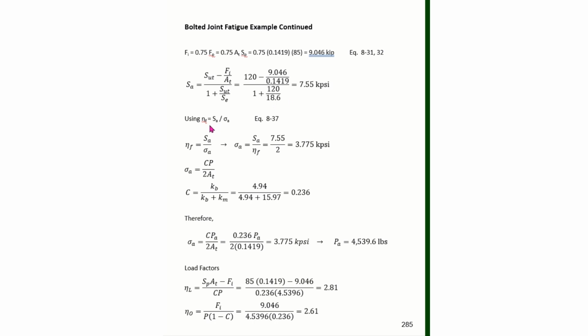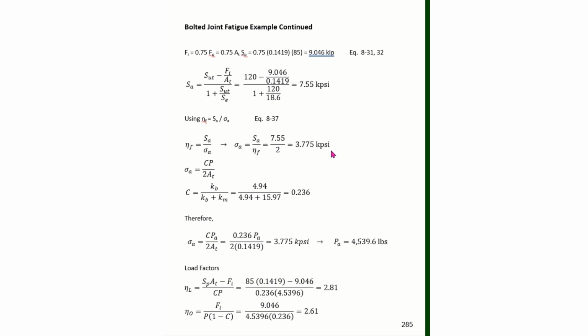Then using my safety factor equation, I have NF is SA over sigma A, and I can solve for sigma A from this expression because I just solved for SA and I know my safety factor is 2. So I know the maximum alternating stress in the bolt could be 3.775 kpsi.